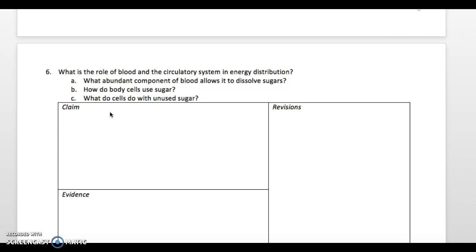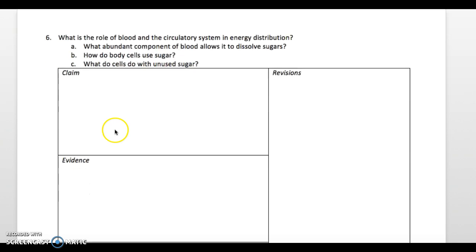For 6, we're now looking at the role of blood and the circulatory system in energy distribution. So we're thinking about primarily our notes on carb digestion.